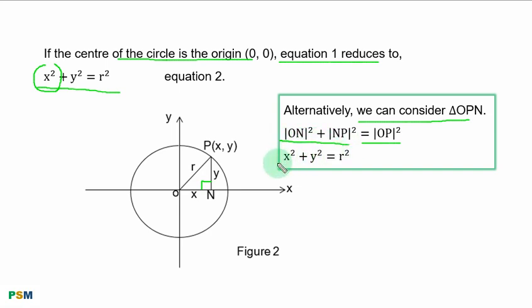That is, you have x square plus y square equal to r square. O to N is x, so ON square means x square, plus the other term y square, equal to r square, the square on the hypotenuse.